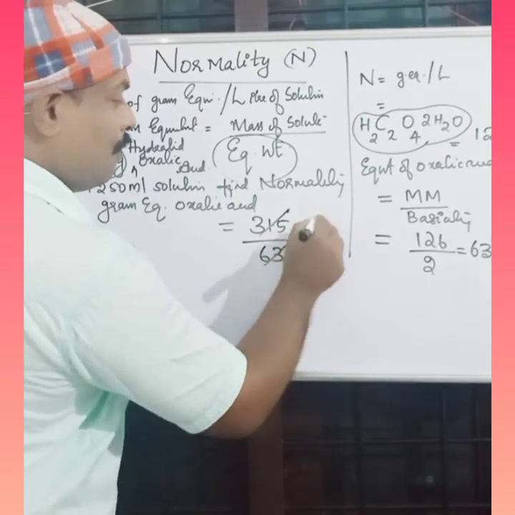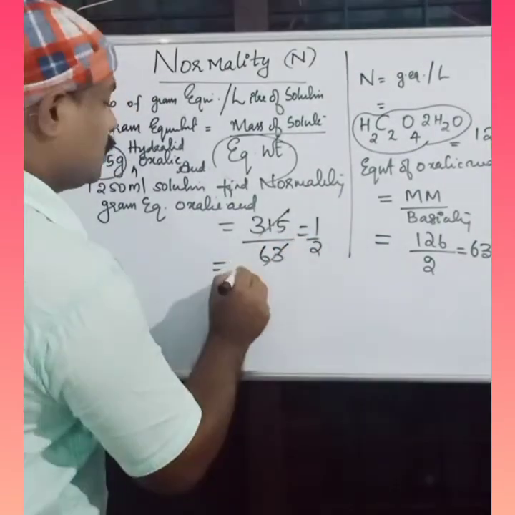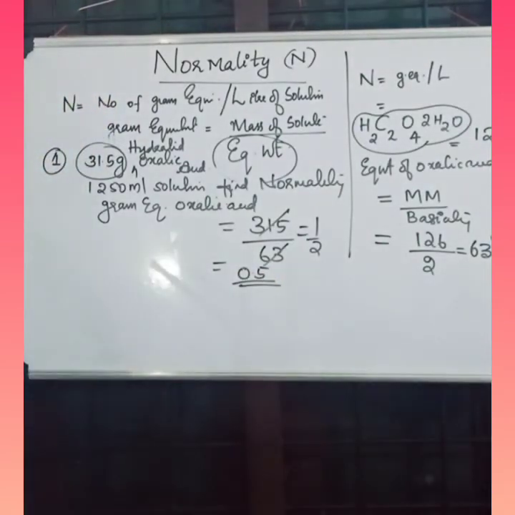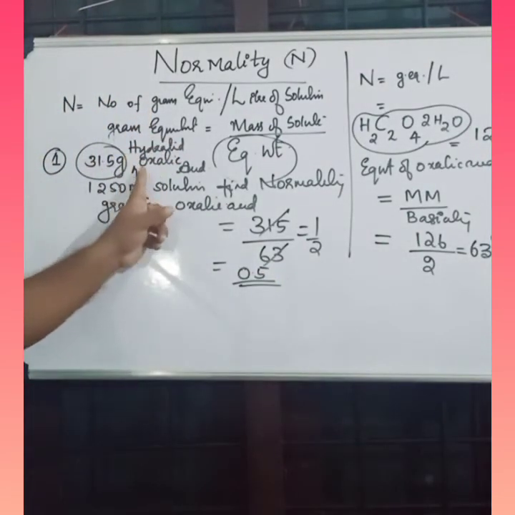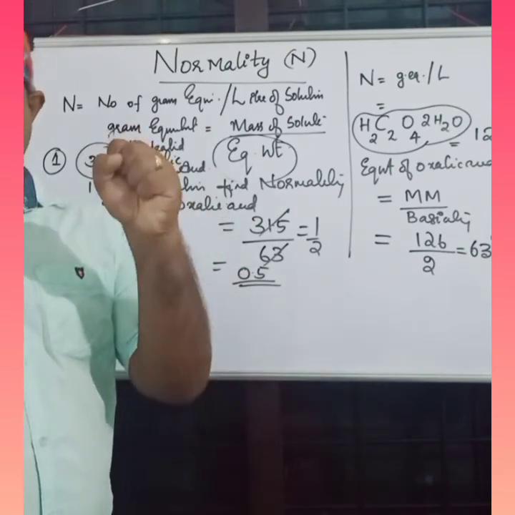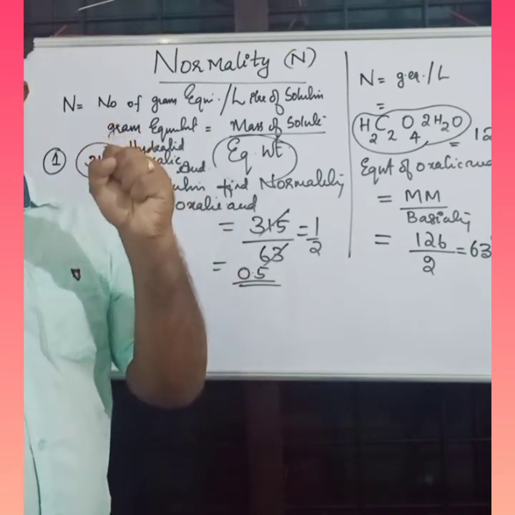That is 1 by 2, which is 0.5. This is the gram equivalence of oxalic acid in the given question.